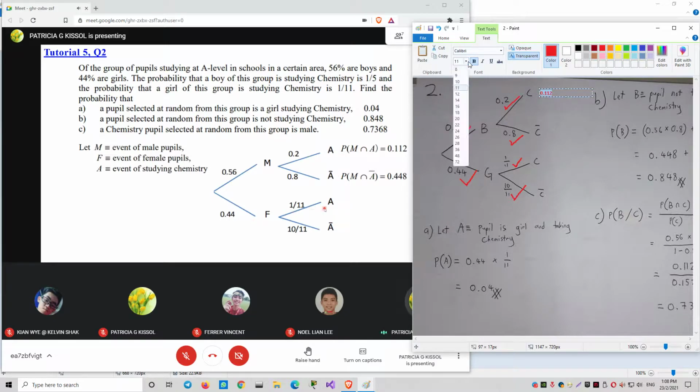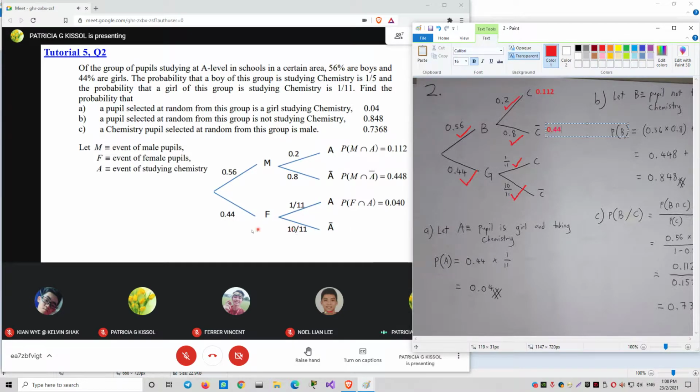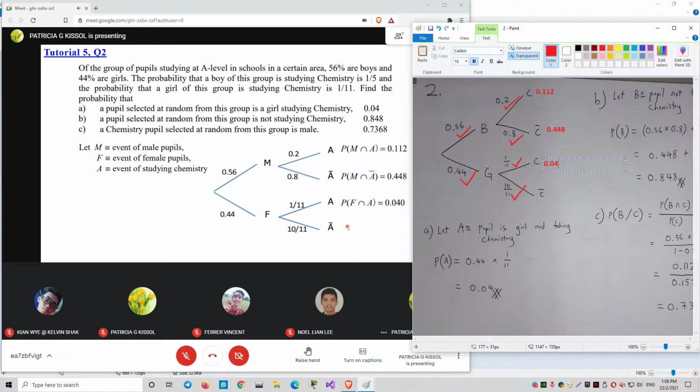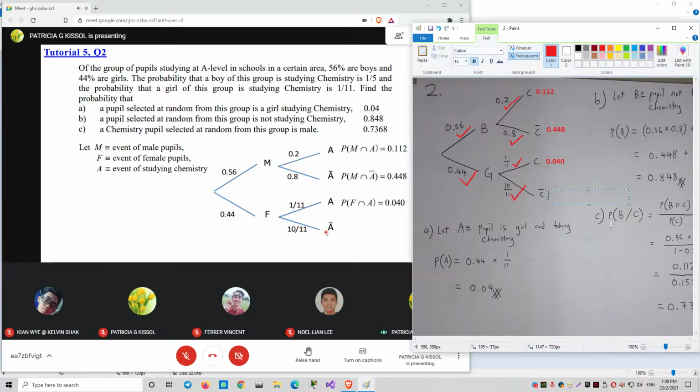F and A, female and studying chemistry, is 0.44 times 1/11, which is about 0.04. Sorry about that, that was Siri responding to whatever I say. Anyhow, the last one is F and not A, females who do not study chemistry, which is 0.40. So you just have to multiply them.